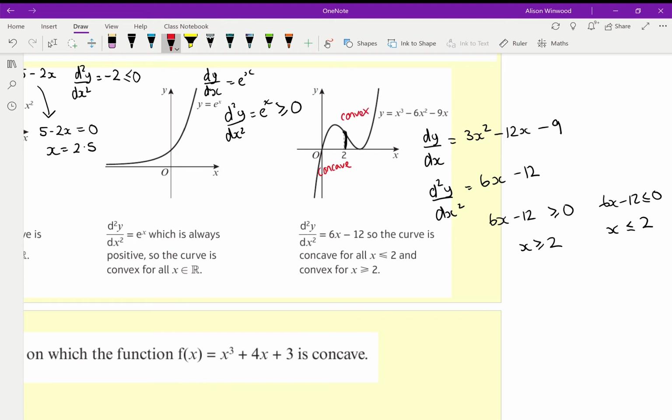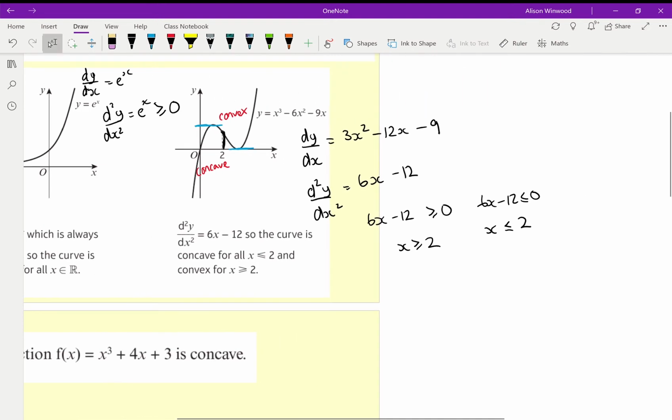And we can find a maximum or a minimum, because if we take our first derivative, set it equal to 0, 3x squared subtract 12x subtract 9 equals 0. So x squared subtract 4x subtract 3 equals 0.